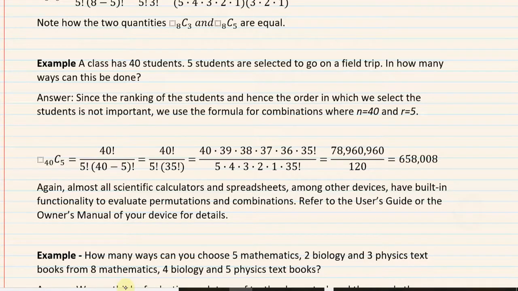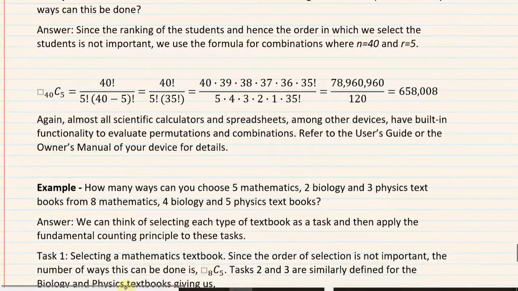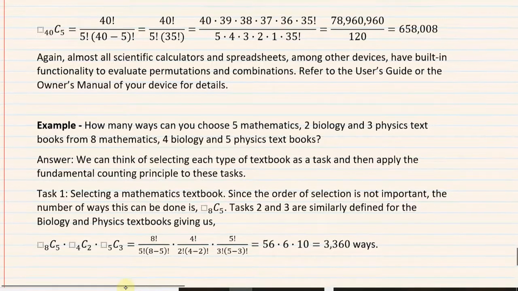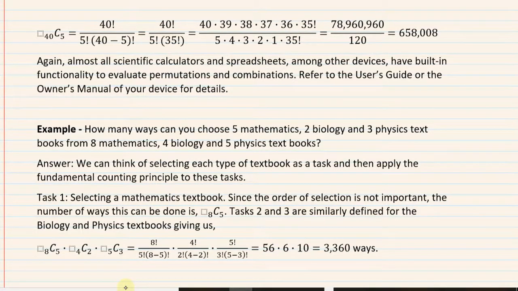So that's our strategy. So here's how many ways we can do task 1. Choosing 5 textbooks from 8 textbooks. That itself is done in 8 factorial over 5 factorial, this right in here. That's how many ways it's done.